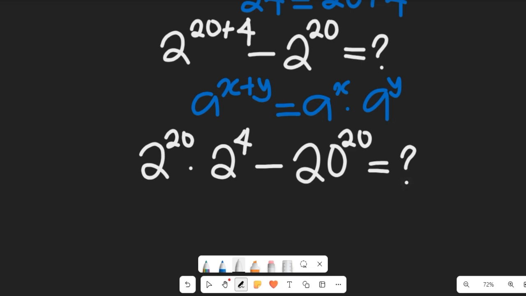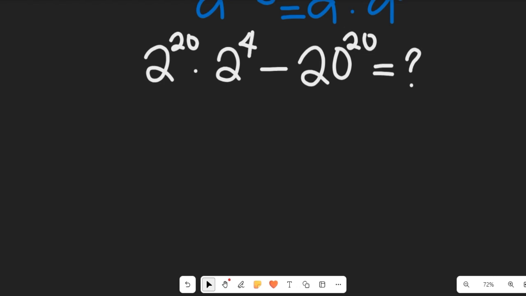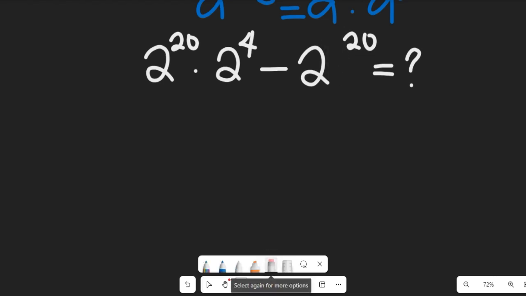Now you see that we have one common value here, which is 2 to the power of 20. Sorry, this is 2 to the power of 20 and not 20 to the power of 20.